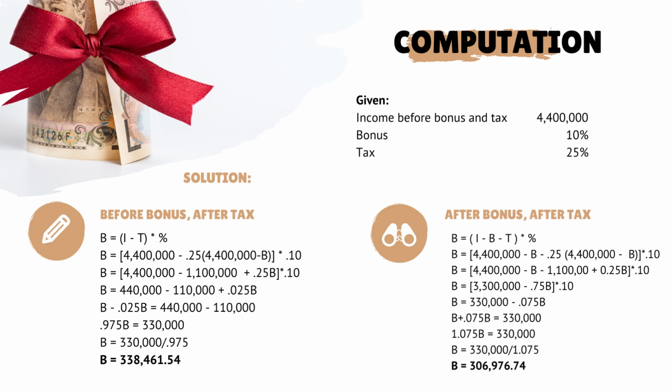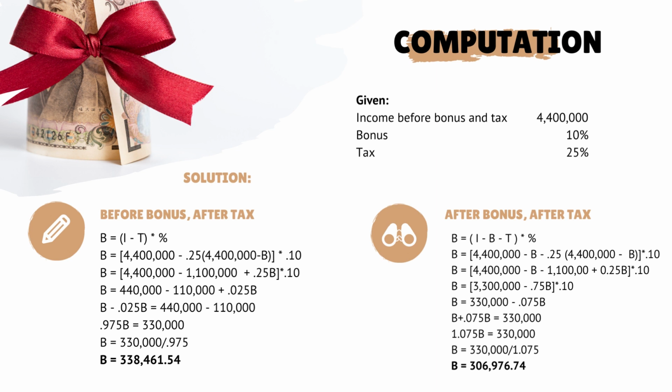Okay? So here on the third scenario, the same given, but here it is before bonus and after tax. So your formula is bonus equals income minus tax, and then multiply it by the bonus percentage. So we put the amount here. Income 4,400,000 minus, again like before, the tax percentage of 25%.